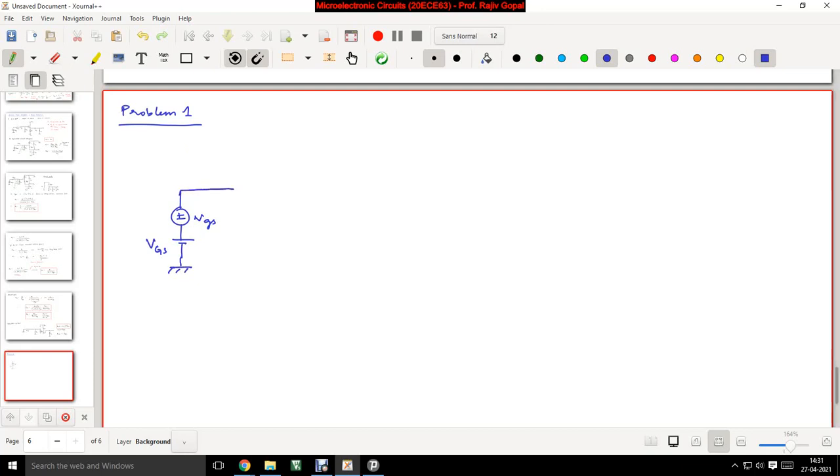This goes to a MOSFET. This is grounded. This is VDD, RD. No, this is VD.